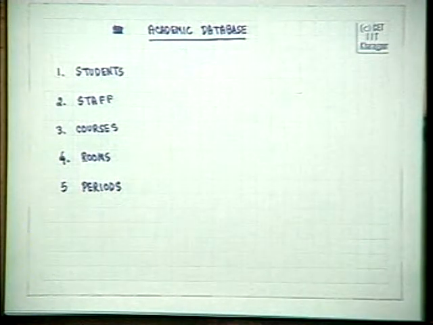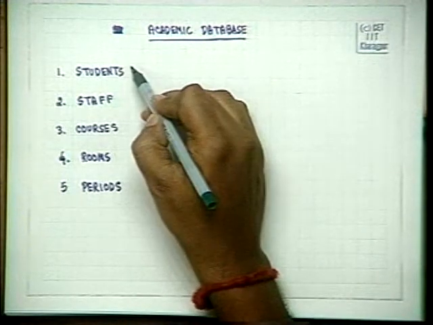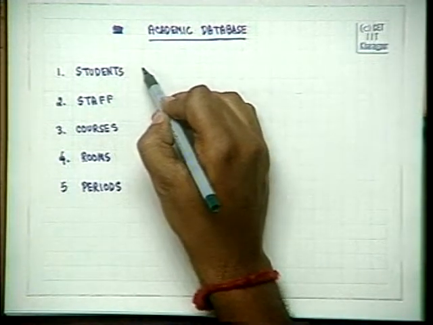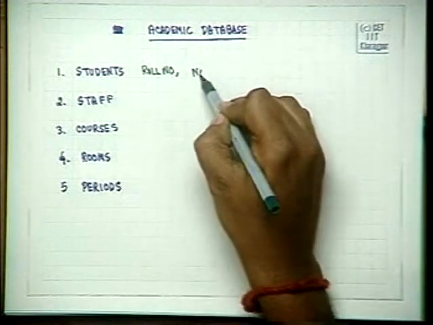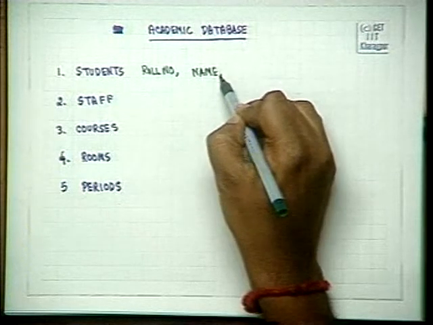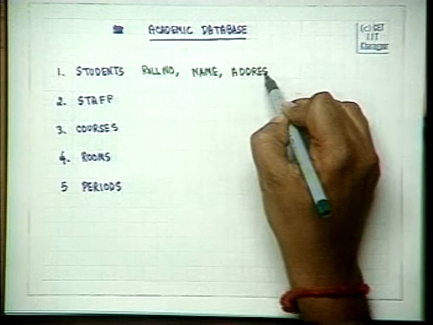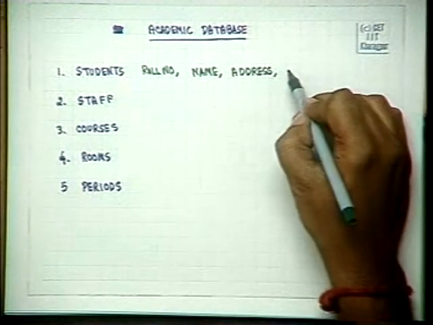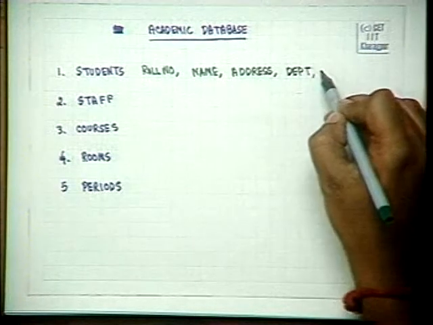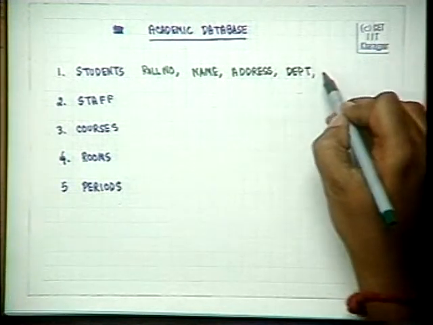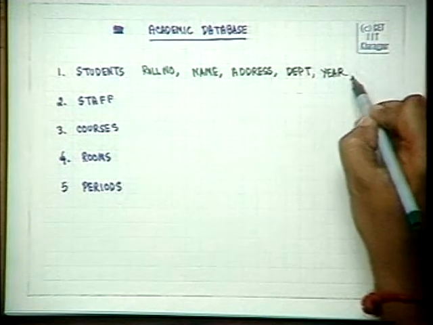and the attributes of a student may be like this: roll number, name, address, department, year, course.